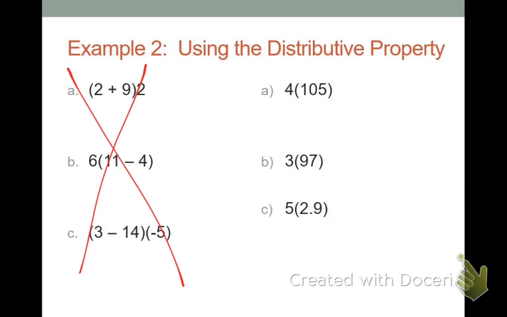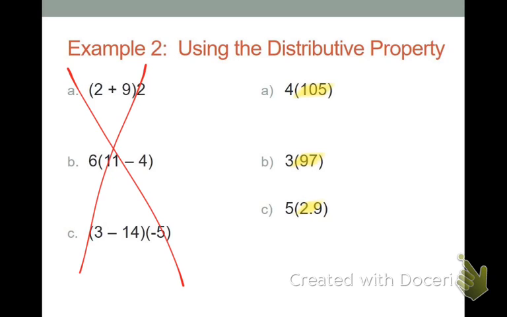So now we're going to take this number in parentheses, and we need to split it into 2 numbers that add together to equal that number, but are easier to multiply using mental math. So look specifically on B, okay? 3 times 97. That's difficult to do using mental math. However, I could split it up and it would be easier.